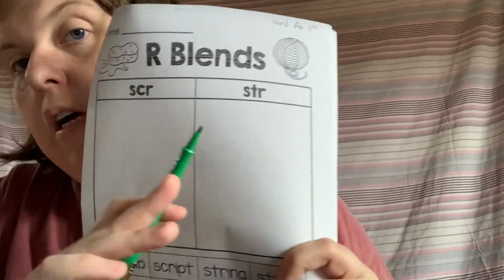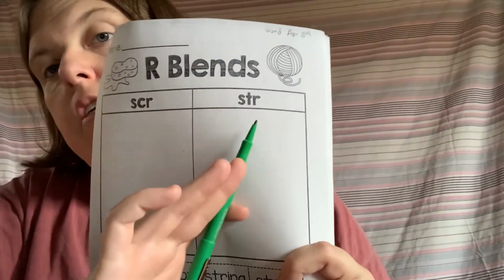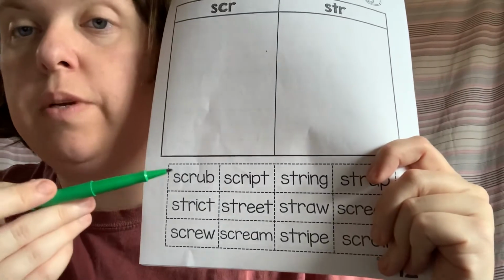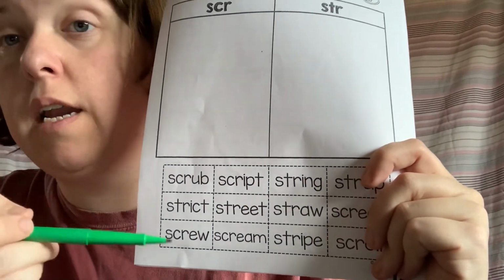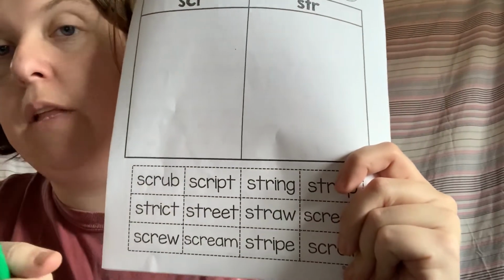And your final job for today is the R blends, and you will be cutting and sorting them. So, scr, str. Scr like scrub, str like string. So you're gonna read these words down here, cut them out, and glue them into their starting blend position.